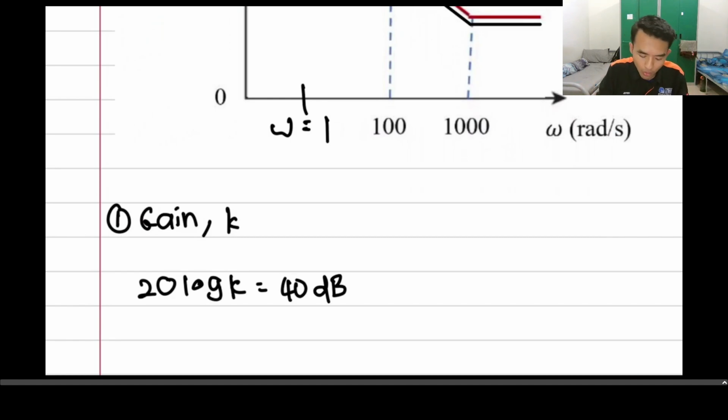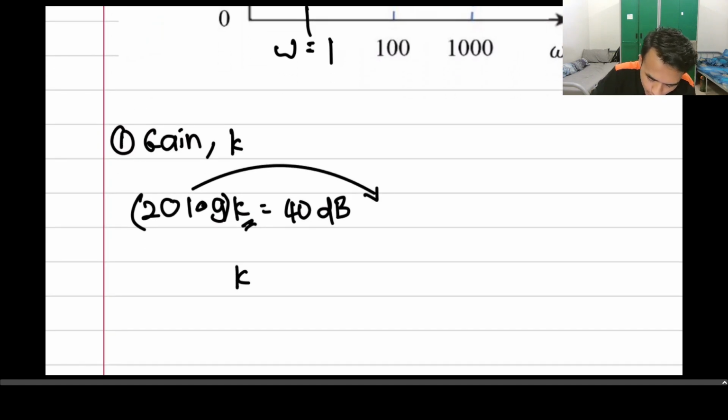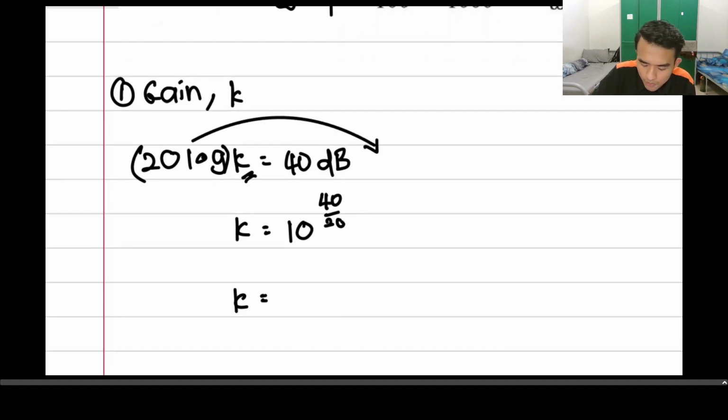To find the value of k, we move the 20 log to the right-hand side, so k equals the inverse log, which is 10 to the power of 40 divided by 20. So the k value will become 100.